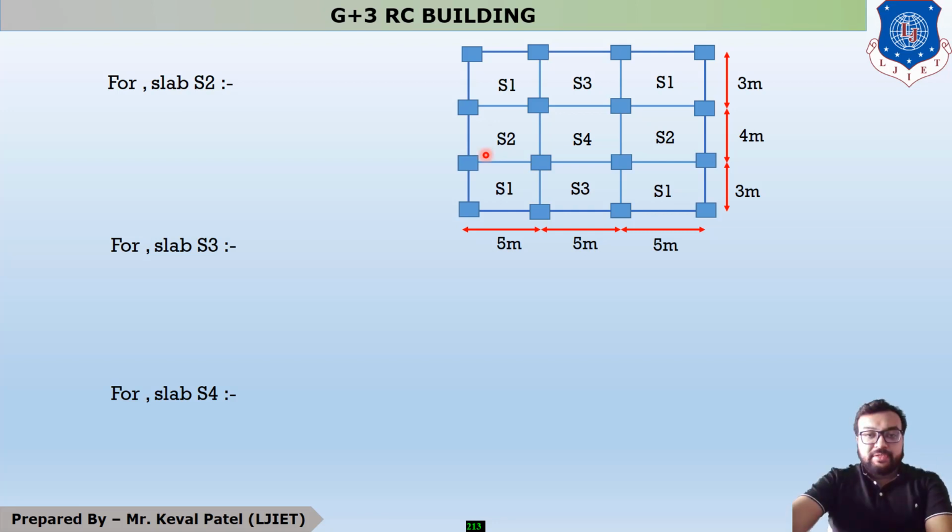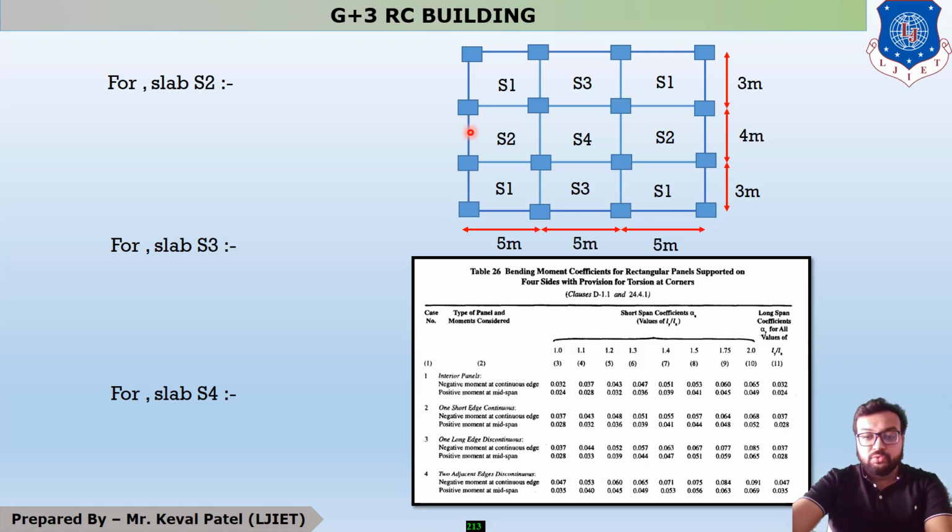If you are asked in GTU or any exam to design slab S2, first of all you have to see which case is preferable. In a two-way slab, your main steel goes in both directions. Let us check at which side your reinforcement has to be discontinuous.